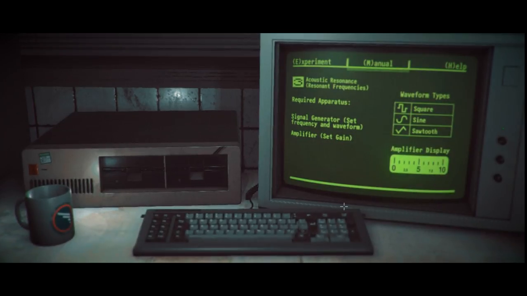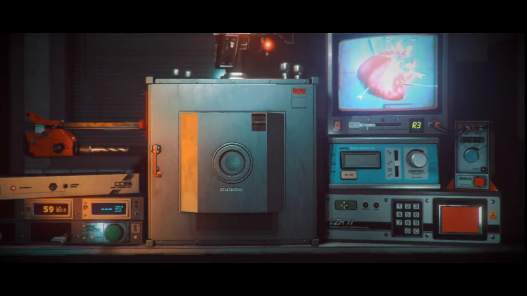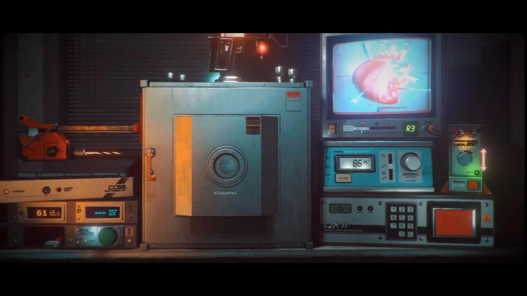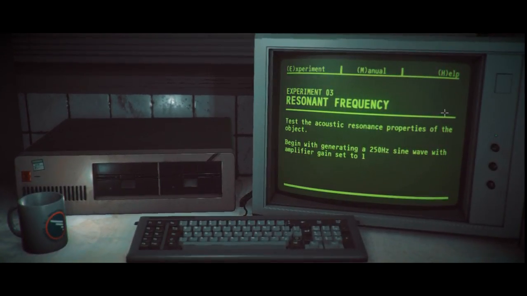For this, 250 Hertz. Amplifier set to 1 gain.